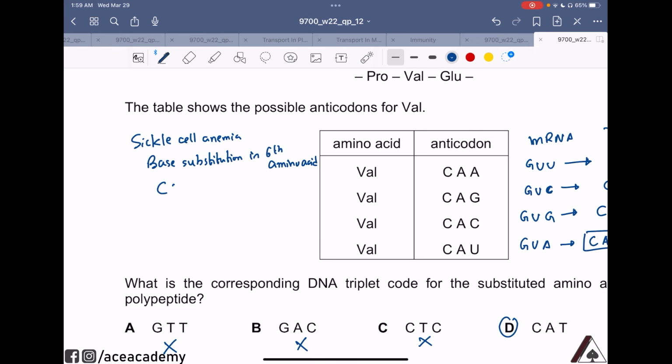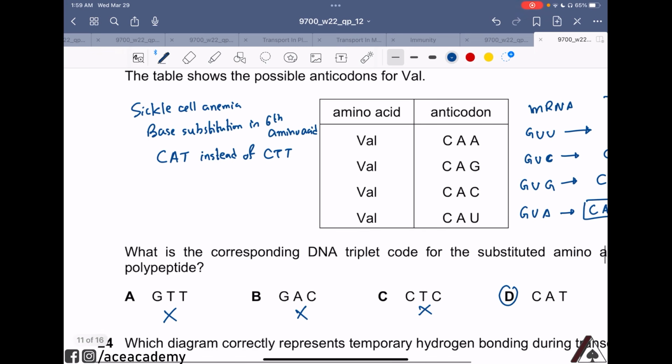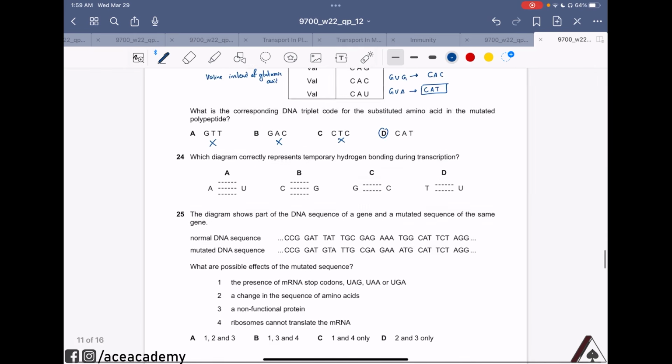As a result, instead of CTT, the CAT codon is produced, and valine instead of glutamic acid. So D is the only correct option over here.